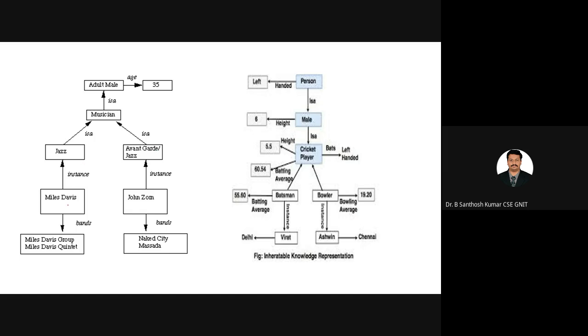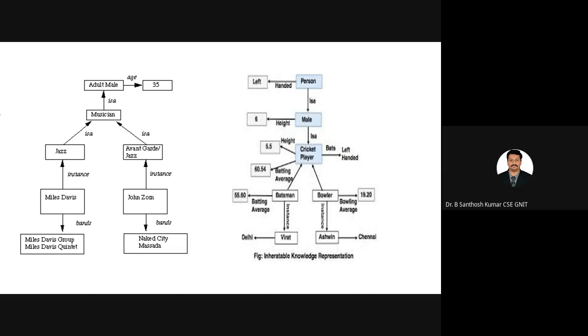You can say Miles Davis is a musician, and John Zorn is also a musician. Then a musician is an adult male, because in the table we have all the information, including gender and age.